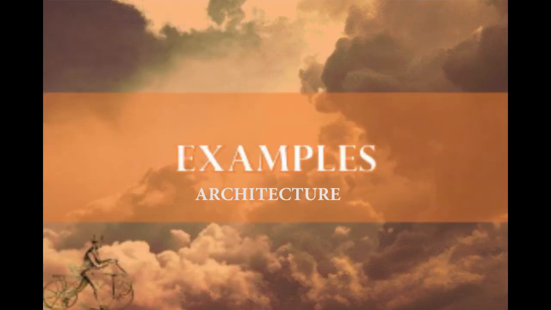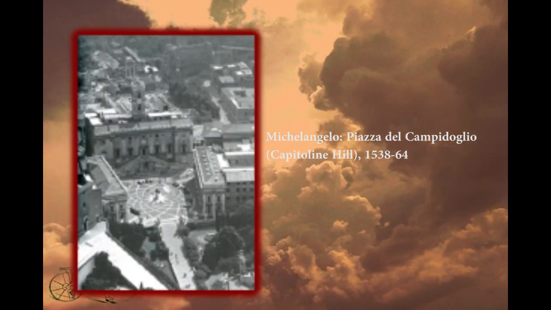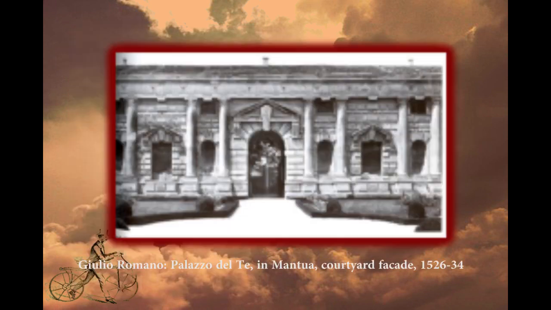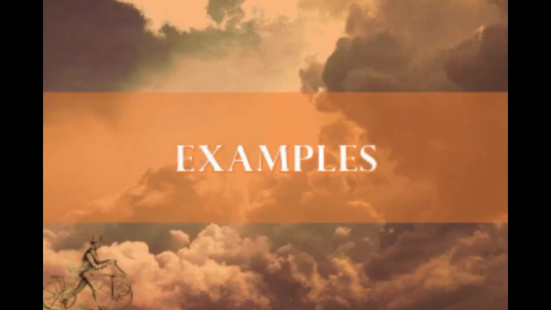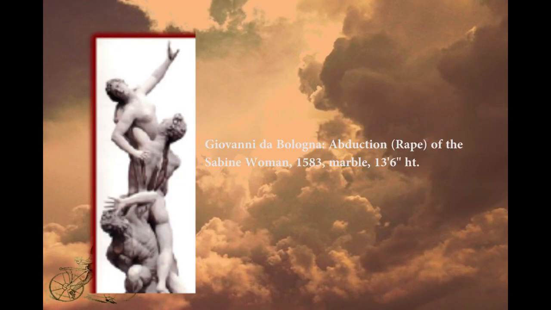Architecture. 1. Michelangelo, Piazza del Campidoglio, Capitoline Hill, 1538-64. 2. Giulio Romano, Palazzo del Te, in Mantua, Courtyard Facade, 1526-34. Sculpture. 1.